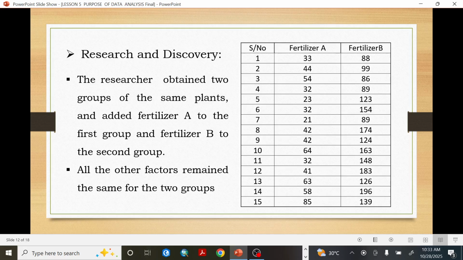So the researcher obtained two groups of the same plants and added fertilizer A to the first group and fertilizer B to the second group. All the other factors remain the same for the two groups. Now you can see here, this is the plant height as a result of fertilizer A, and here the plant height as a result of fertilizer B.